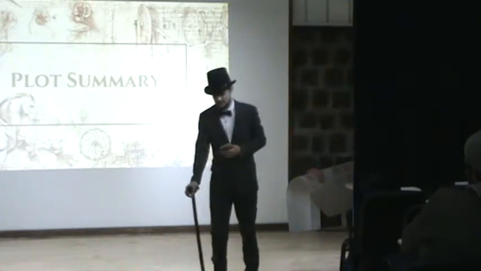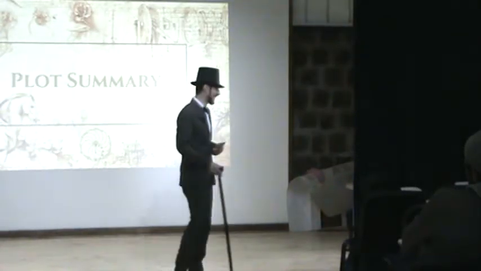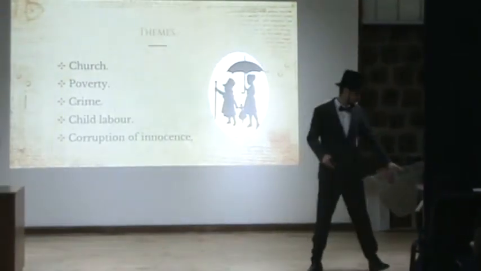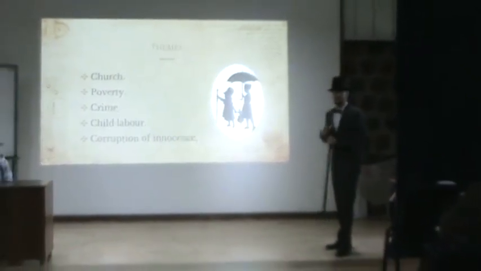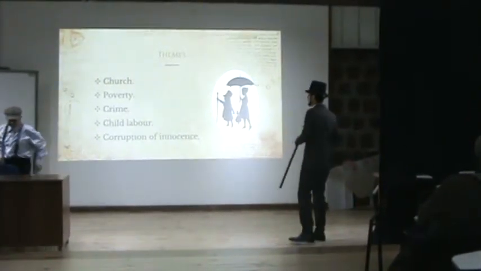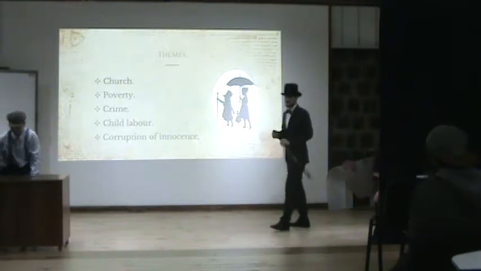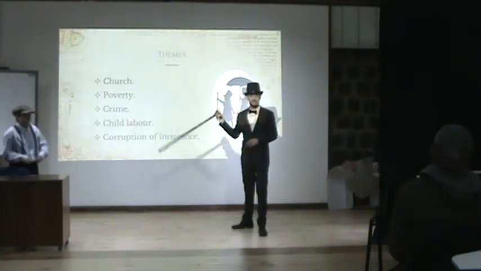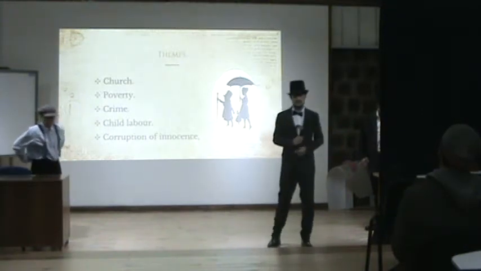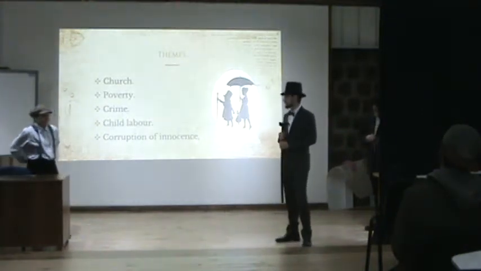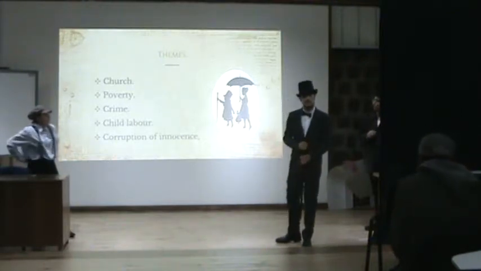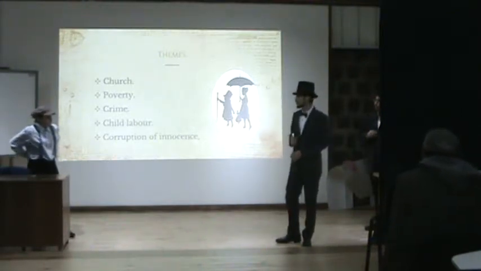It's a very complicated book. So, in this story, you may not have noticed because of how condensed everything was, we have a lot of things. We have the church, which runs the whole workhouse system and orphanages and everything. Dickens was very critical of the church, even though he was an Anglican himself.